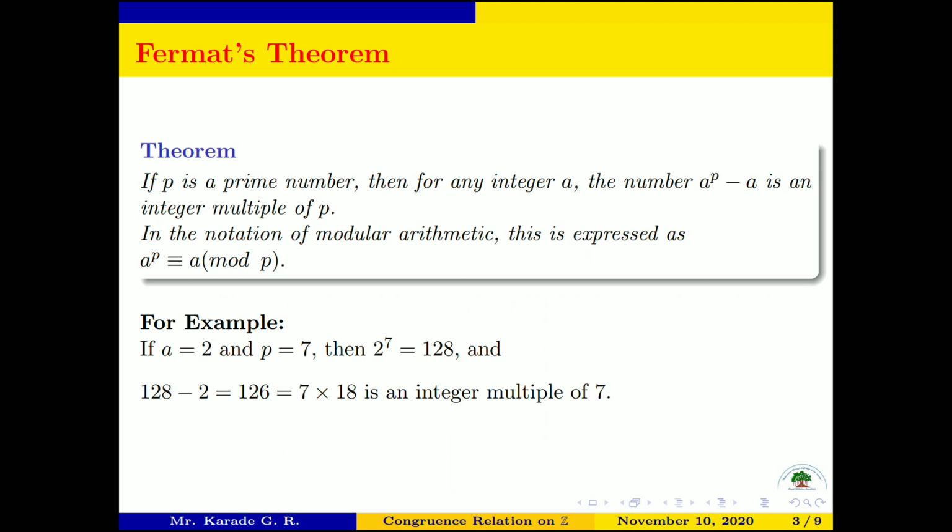So 128 minus 2 is divisible by 7, and 2 raised to 7 is congruent to 2 mod 7, or 128 is congruent to 2 mod 7. This shows that a raised to p is congruent to a mod p.